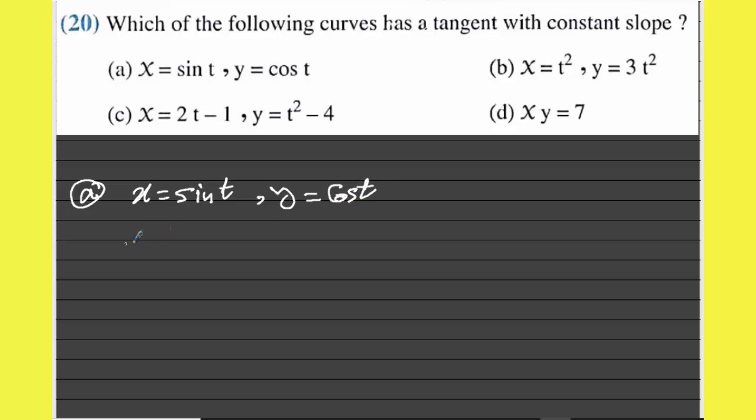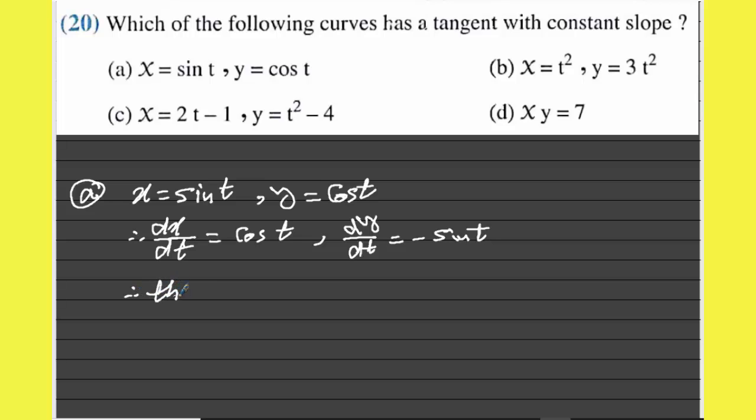So dx/dt equals cosine t and dy/dt equals negative sine t. So the slope equals dy/dx.